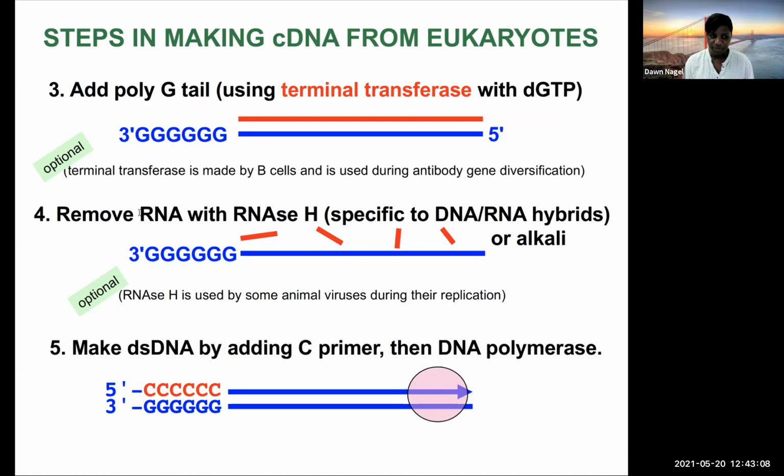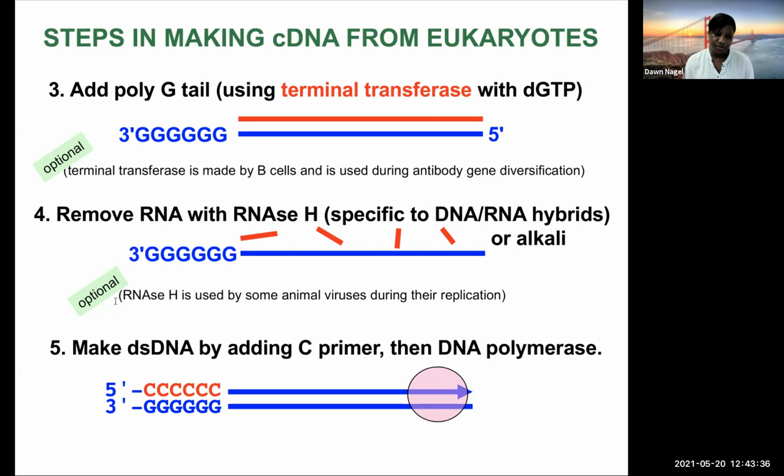So this is optional. What you need to do after that is get rid of that RNA. The way you get rid of the RNA is by adding an RNase, right? Which will chew up the RNA that's there. It's a nuclease. You can also add an alkaline solution, which will also help to separate the bonds, and then you can just chew it out.